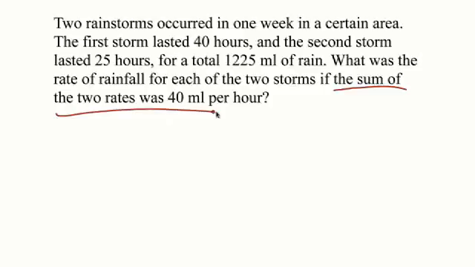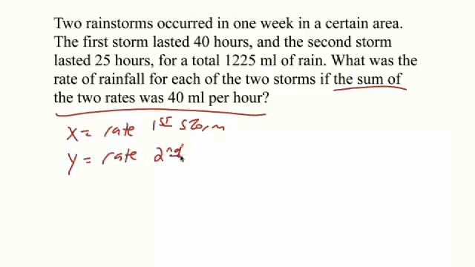We're interested here in the rate of the rainfall. So we're going to let x be the rate for the first storm, and we're going to let y be the rate for the second storm. And we know the sum of these 2 rates, x plus y, is 40.